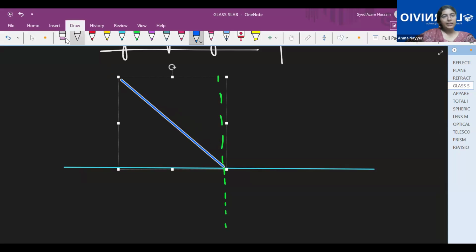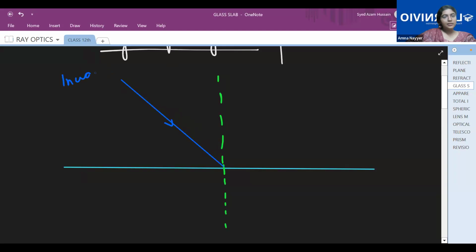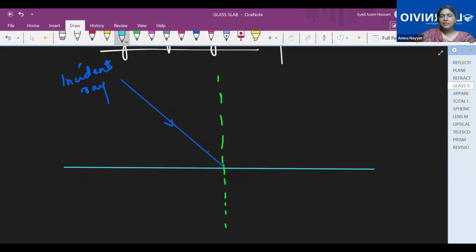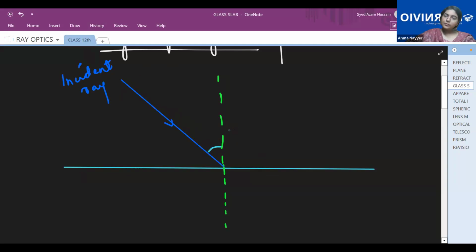Now see, this incident ray is there. Can you just tell me which angle is this? Angle of incidence, correct. This is angle of incidence.